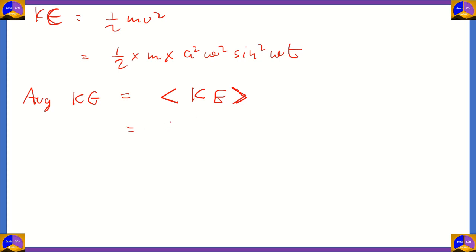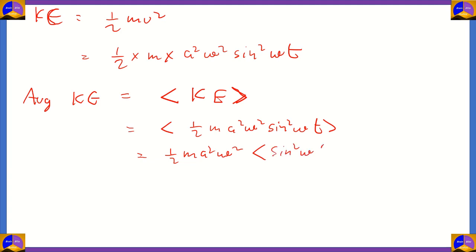So open angular bracket and then half m a squared omega squared sine squared omega t. Now since all the others are not based with respect to time, therefore they are taken out. So half m a squared omega squared is taken outside, and inside you would have sine squared omega t.